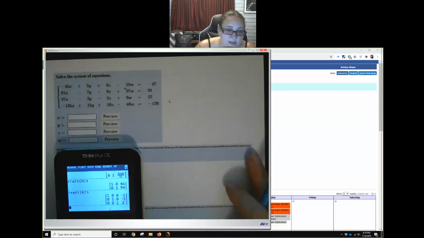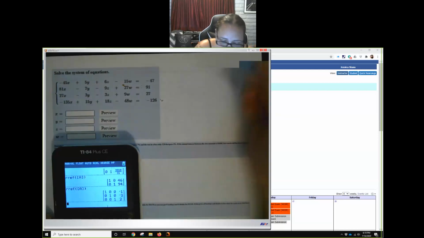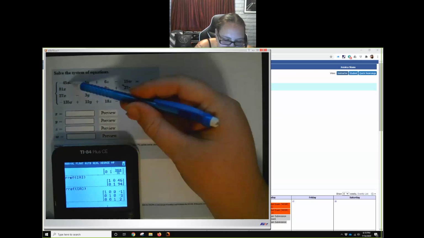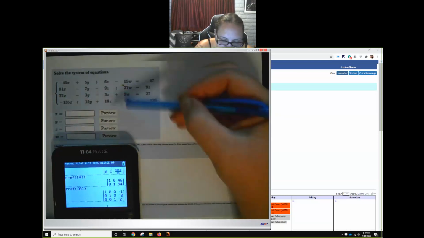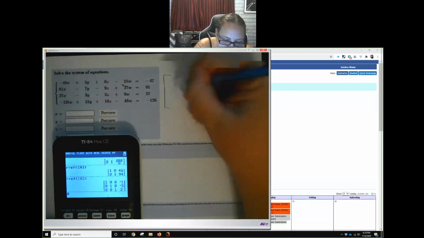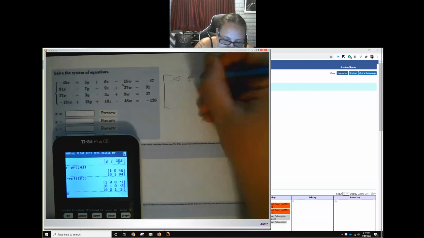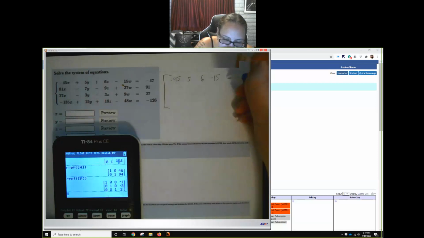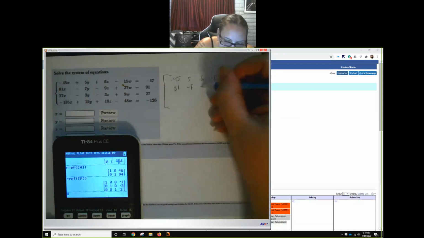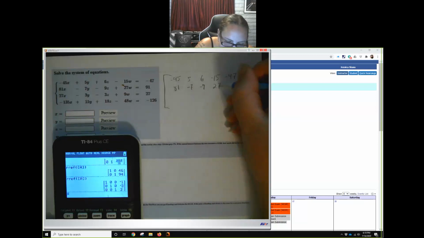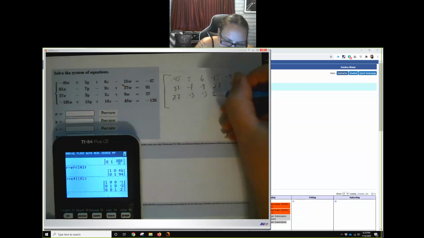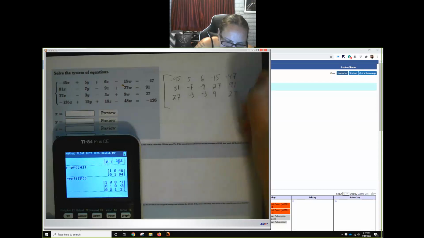Okay, even when the matrix gets big, the process is still the exact same. Notice these are all already lined up, X, Y, Z, W. So then my matrix would be negative 45, 5, 6, negative 15, negative 47. 81, negative 7, negative 9, 27, 91. 27, negative 3, negative 3, 9, 27.